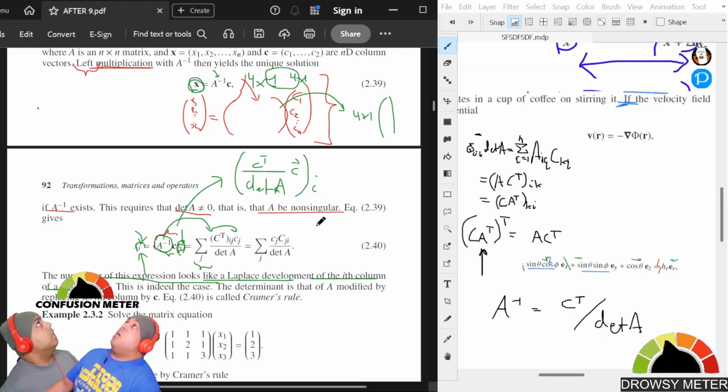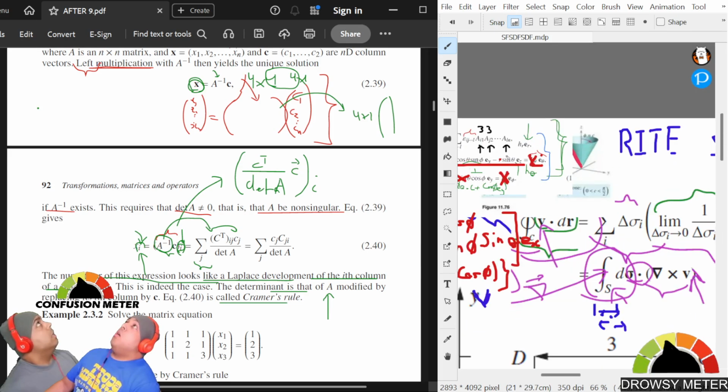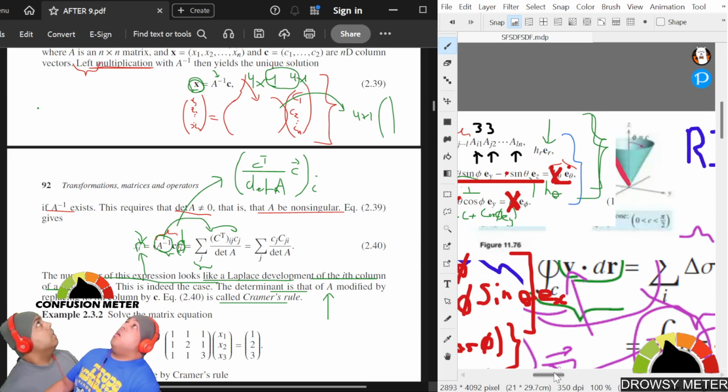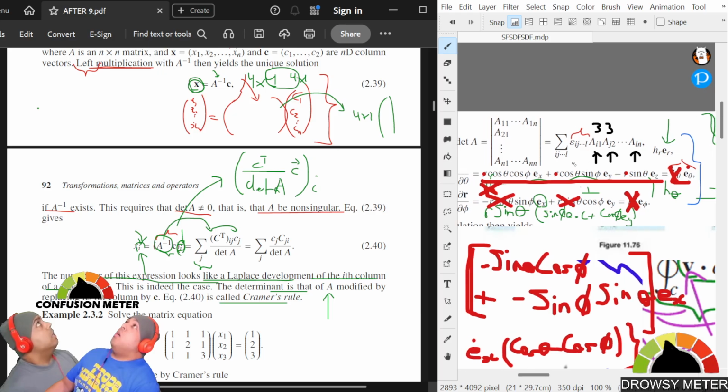The determinant is that of A modified by replacing its i-th column by C. This is called Cramer's rule. The Laplace development of the i-th column does normally look like this, a summation with epsilons.